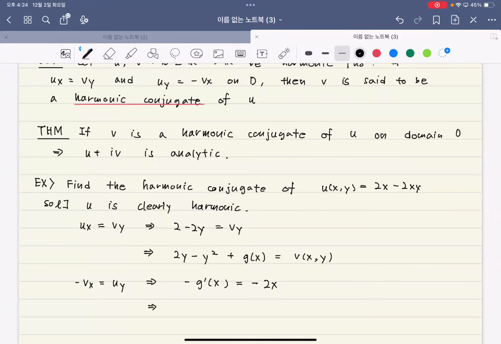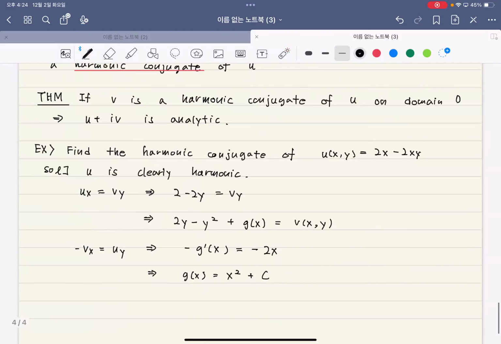So this implies G(x) is just x squared plus some constant. But this time around, this is truly a constant, so it doesn't depend on x nor on y. So my harmonic conjugate is... okay, hold on, what is this?